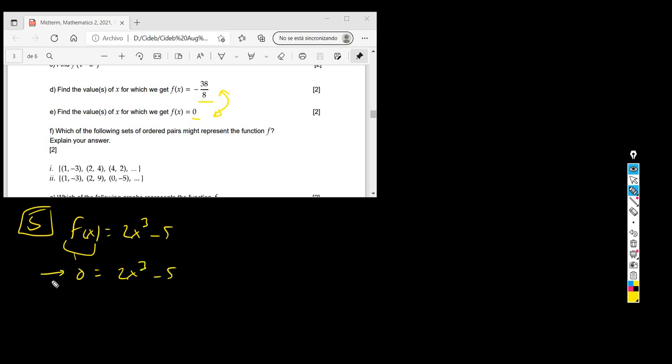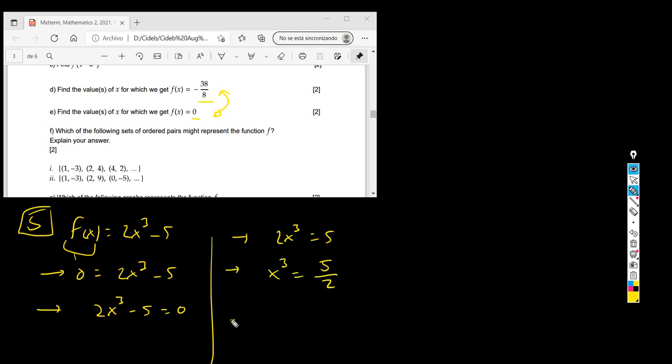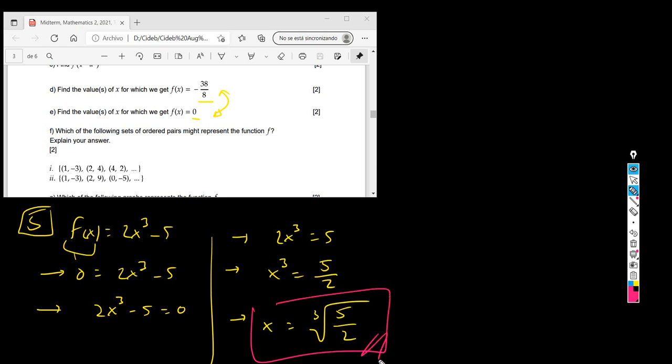We have this. Let me flip the sides. Let me continue over here. And let me take the cubic root. And I'm done. That's it.